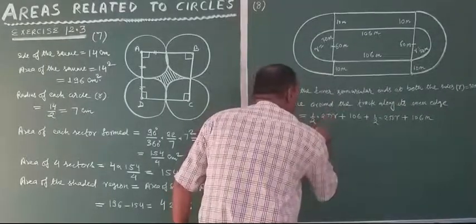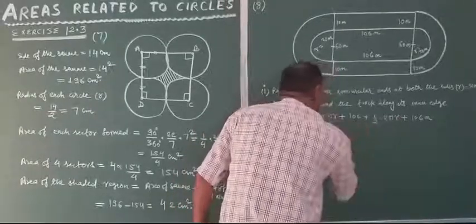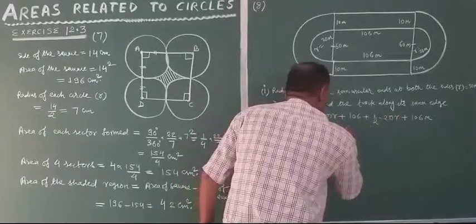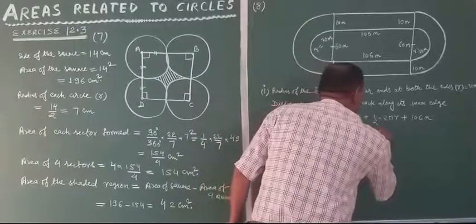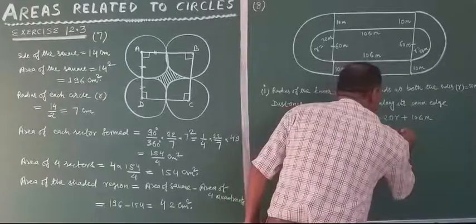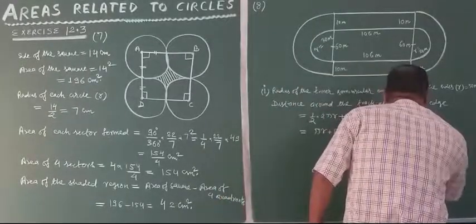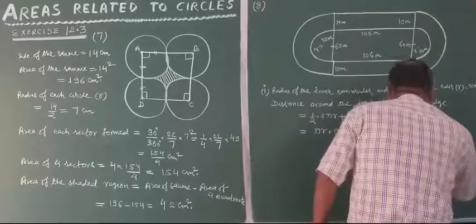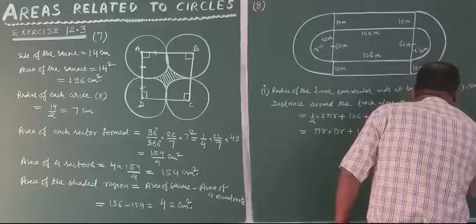This 2 cancel, pi r plus this one, pi r plus this 106 plus 106 meter. This will be pi r plus pi r, 2 pi r plus 106, 106 is 212 meter.